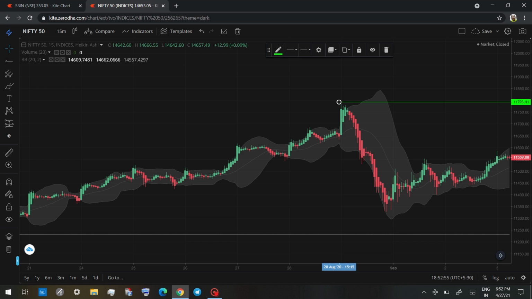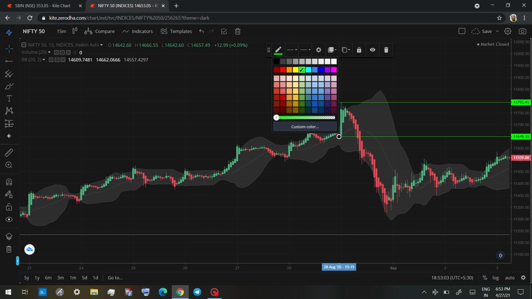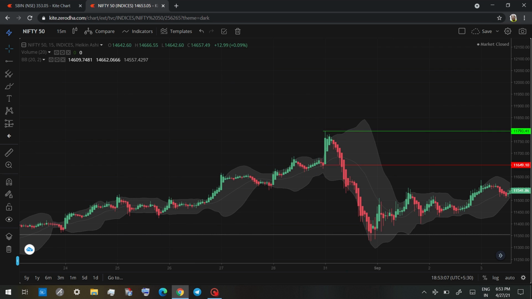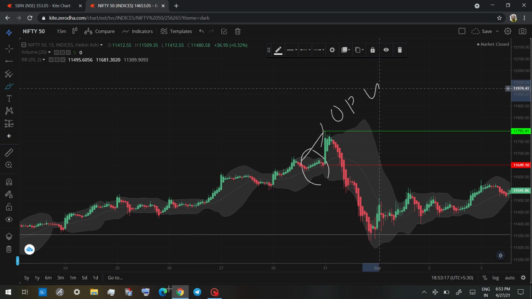This is the previous high. I'm going to draw the previous low. In this case, let's check. Here the Bollinger Band squeezes and forms a bullish trend. In the morning itself, it opened high, and also the candle crosses outside this upper band.